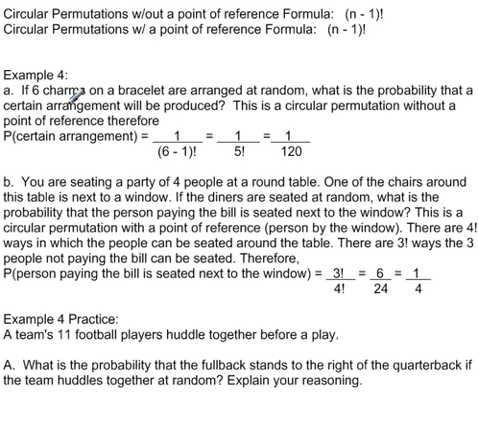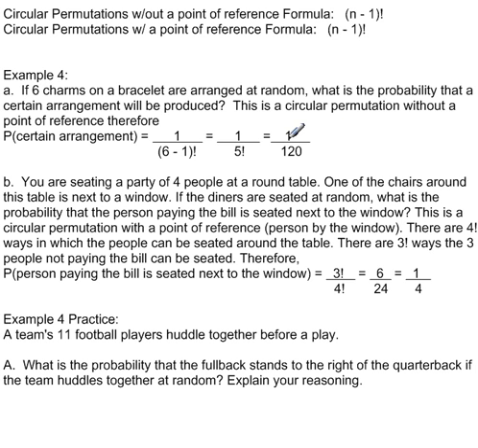All right, so in example 4, if 6 charms are on a bracelet, and just think about a bracelet lying there, then it doesn't have a point of reference. There's nothing there to refer to. You don't know what certain position it's in.